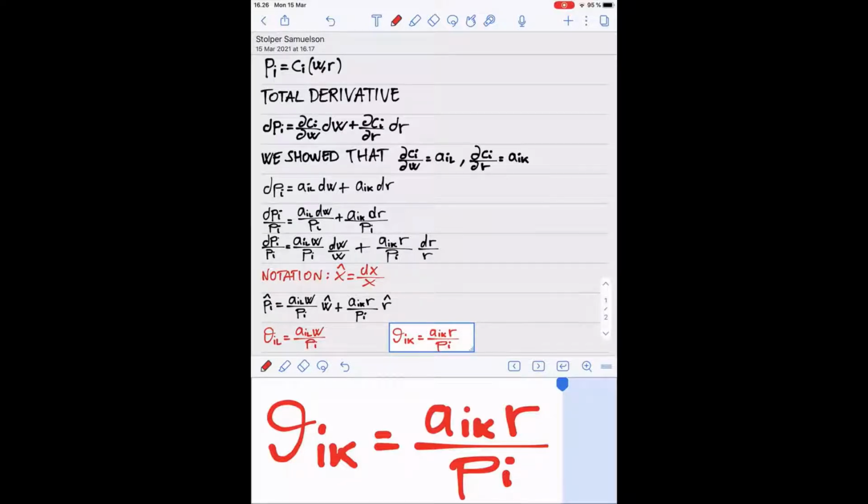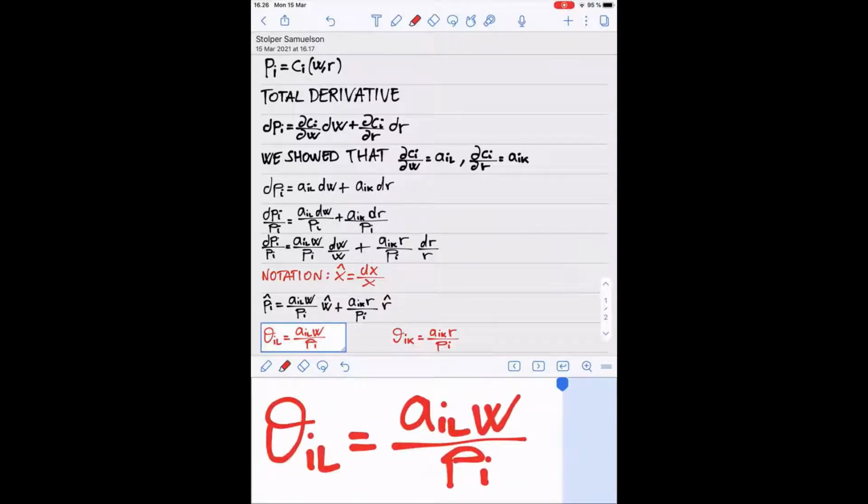Why is that? Well, look at theta IL. So theta IL is given by the ratio between AIL times W. So this is the number of units of labor you need to produce 1 unit of output times the wage. So AIL times W is the number of dollars, the number of kroners that you need to give your workers for each unit of output, divided by the price.